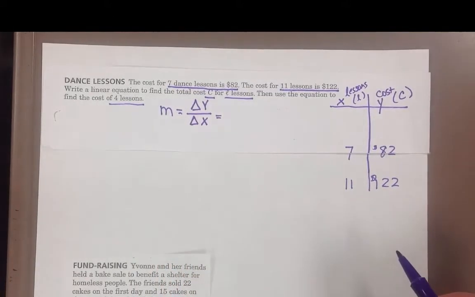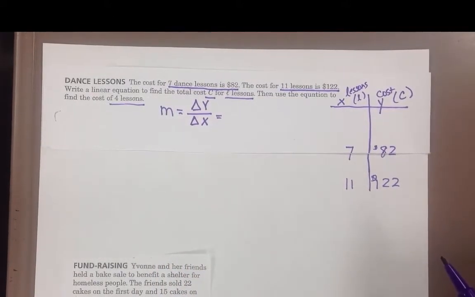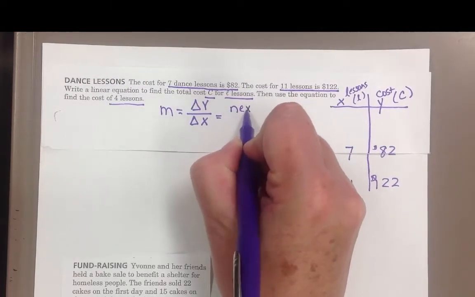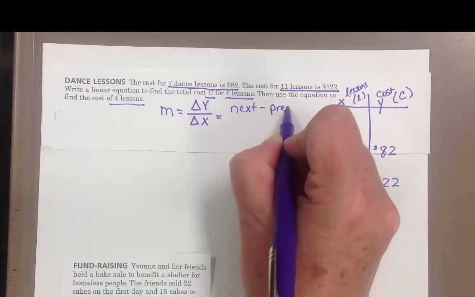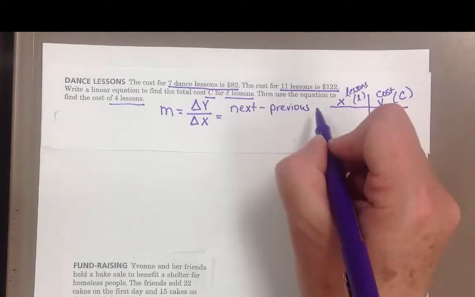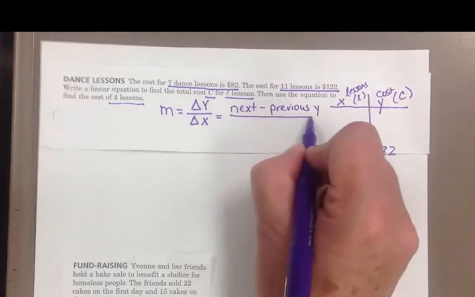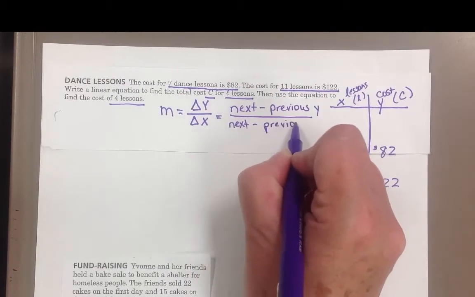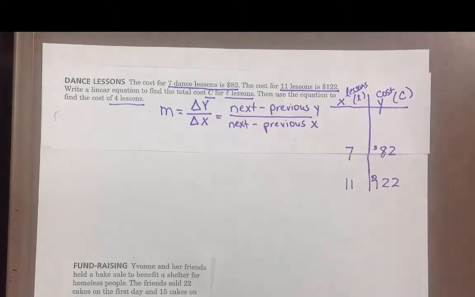The other way we think of it is y2 minus y1 over x2 minus x1, but I think I'm going to put it in terms of what we've been working on in the last few lessons. So I'm going to do next minus previous for y over next minus previous for x, and hopefully that terminology is really starting to connect for you.